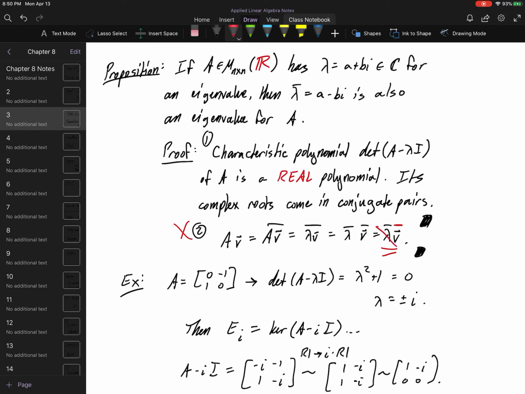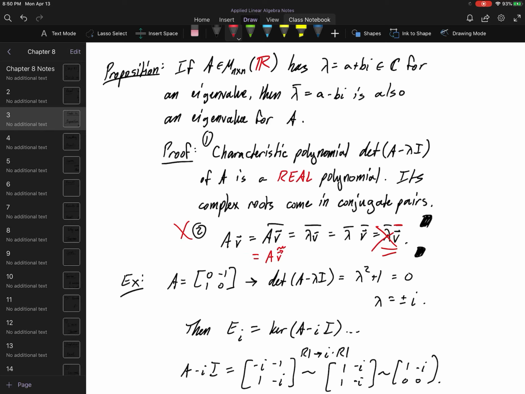So what you actually wind up with is V bar here. I think you actually stop the proof right here, using the fact that this is A times V conjugate. There we go. That actually makes more sense.